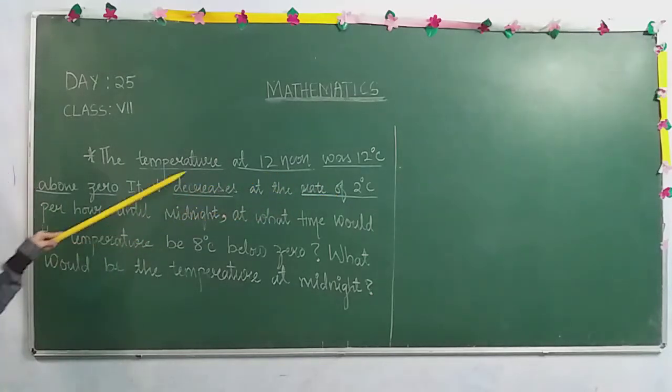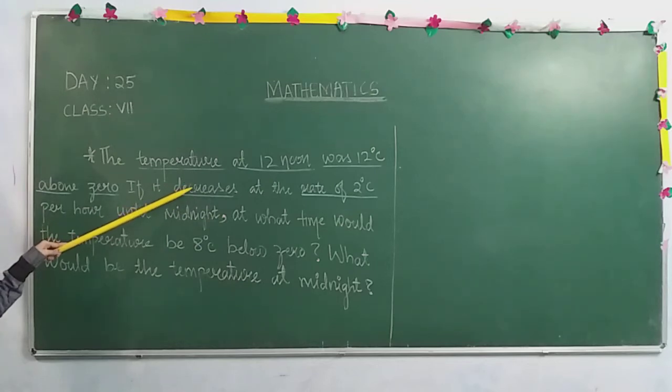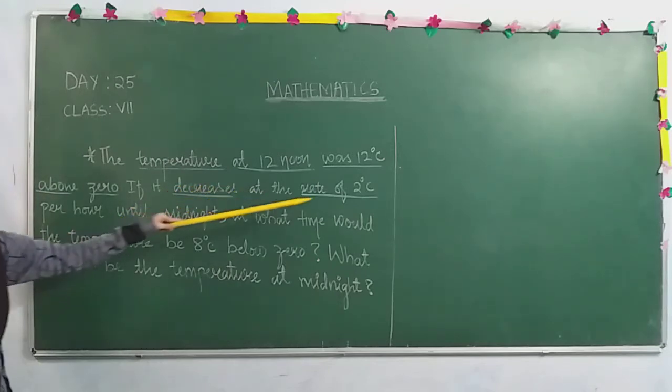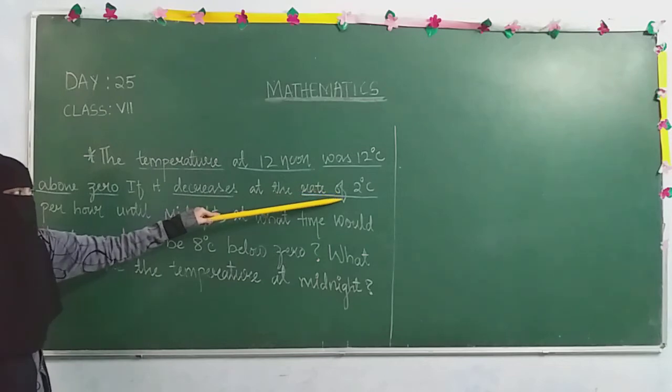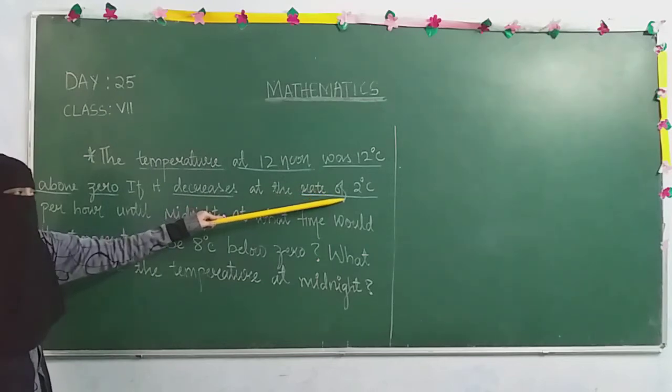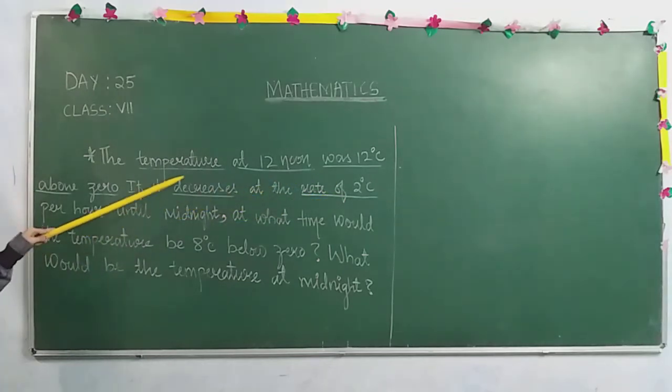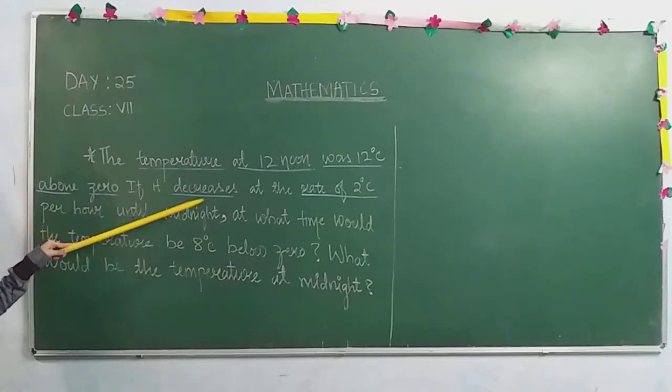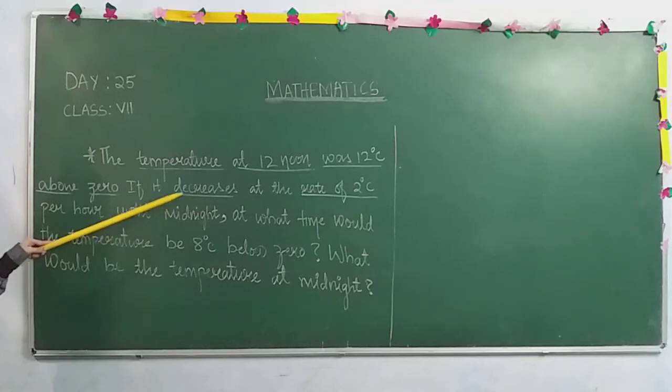Here the term we are using is decreases, and decreasing is always represented through the minus sign. So the temperature is decreasing at the rate of 2 degrees centigrade, but plus or minus is not directly given in the question. We have to understand it from the given statement. It is mentioned here decreases, so it is minus 2 degrees centigrade per hour until midnight.